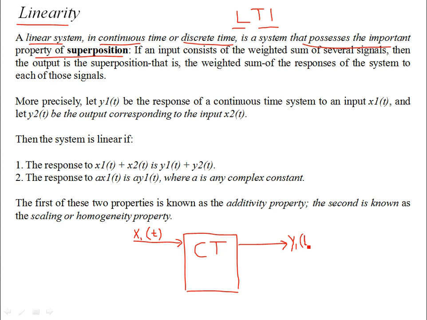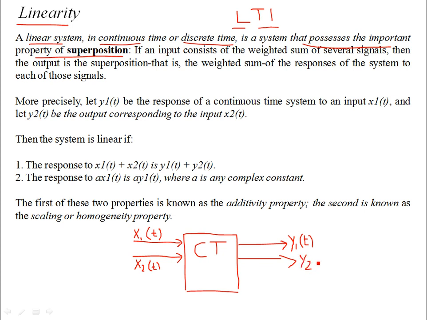Then for the same system, let's apply another input, call it x2(t), which is different from x1(t). So this produces another output, let's say y2(t).